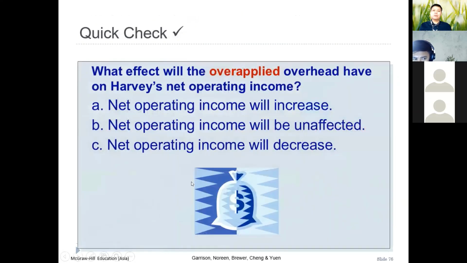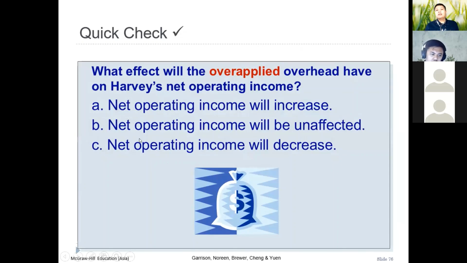Quick check. What effect will the over-applied overhead have on Harvest net operating income? Ano raw ang effect kapag na-over-apply mo yung overhead? Assuming hindi mo siya kinorek, hindi ka nagkaroon ng adjustment. What's the answer?